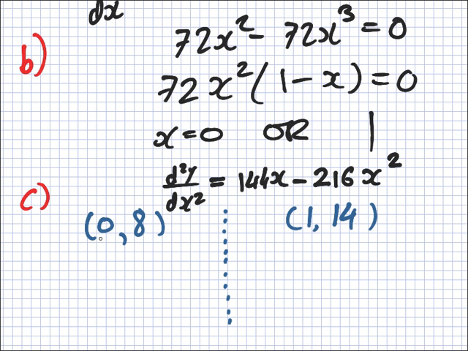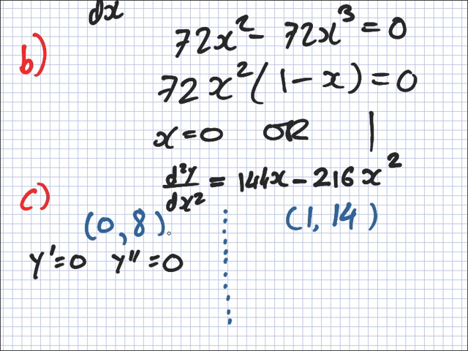What happens if I put 0 into this? I get 0. So let's recap. The first derivative is equal to 0. The second derivative is also equal to 0. So what happens here? Do you remember the flow chart? When the first derivative is 0 and the second derivative is 0?